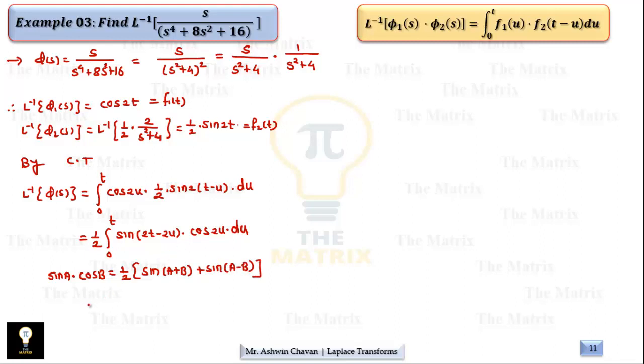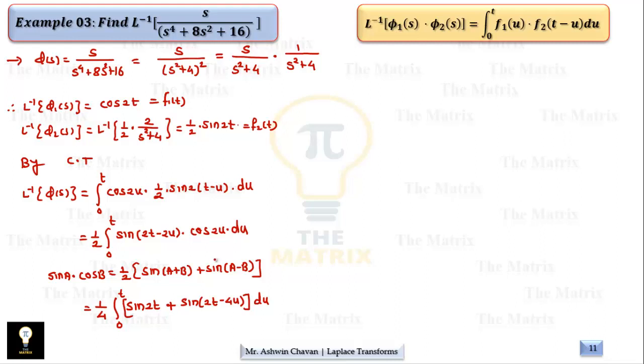This gives us another half, that's why 1 by 4, integral 0 to t, sine of A plus B. So what will be the addition of the angles? 2t minus 2u plus 2u is only 2t. So this gives us sine 2t only, plus sine of A minus B. So it will be sine of 2t minus 2u minus 2u, which is 2t minus 4u, and then du.